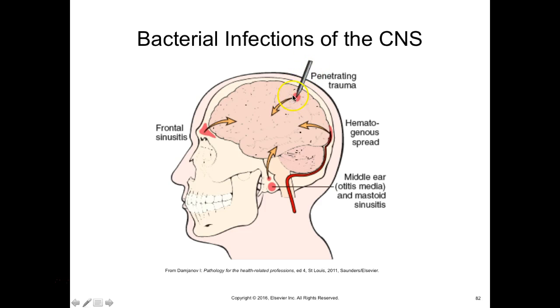Penetrating trauma, so something penetrates the brain and inoculates it with bacteria. And it could also be hematogenous spread from the blood, and then middle ear otitis media and mastoid sinusitis, so mastoiditis, which then migrates to the brain.